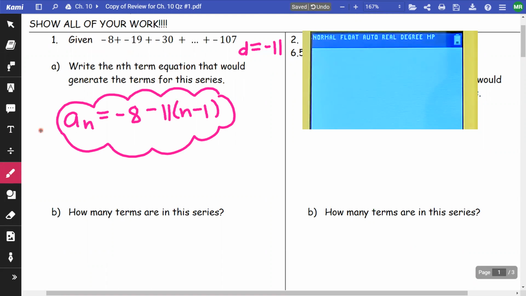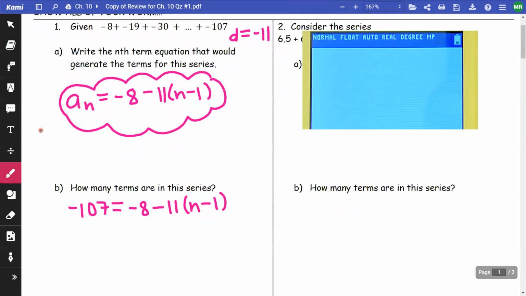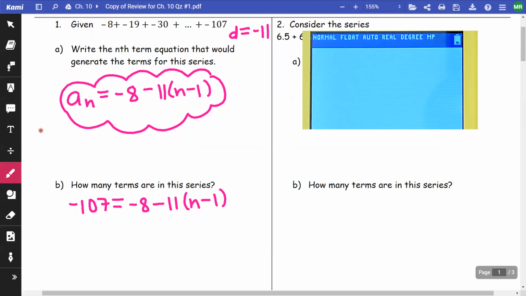Now we're going to use that equation on part B to figure out how many terms are in this series. So I'm going to put -107, because that's my a sub n, equal to -8 minus 11 times n minus 1. And we're going to solve this. I am going to add 8 to both sides.